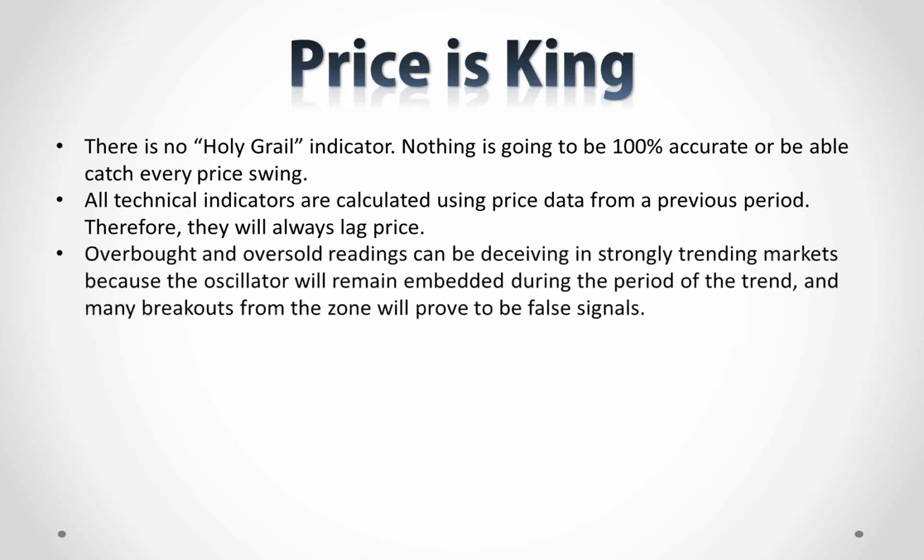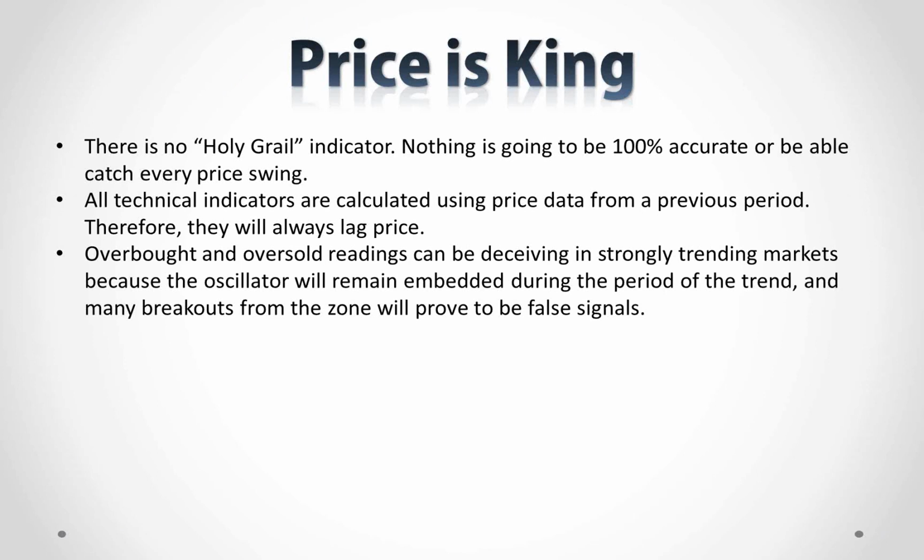Overbought and oversold readings can be deceiving in strongly trending markets because the oscillator will remain embedded during the period of the trend, and many breakouts from the zone will prove to be false signals. So if you are relying on technical indicators to signal overbought and oversold periods, you might find yourself on the wrong side of a trend at certain points, especially in extremely strong trends.